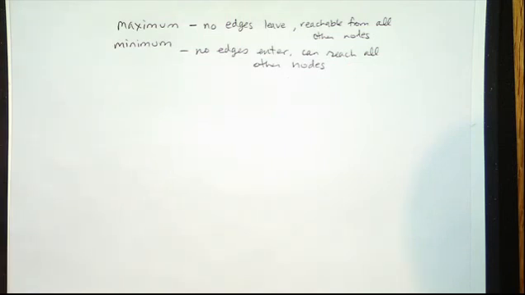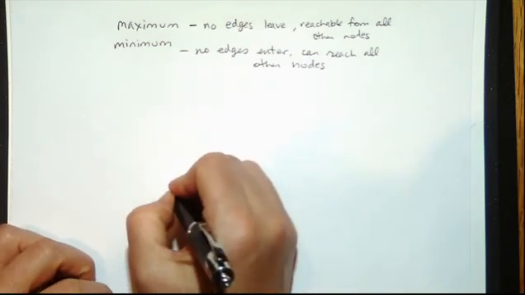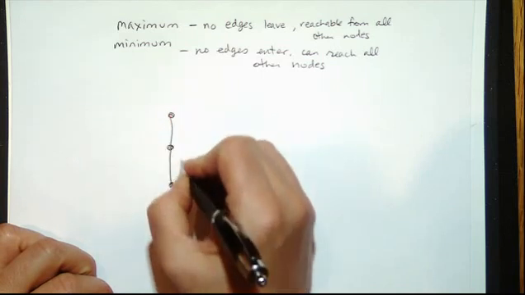However, some Hasse diagrams can look like mountain ranges. So if you think about a mountain range, is there a maximum in a mountain range? If you use this definition, that it's reachable from all the other points without going down? No. So a lot of Hasse diagrams do look like something like this.